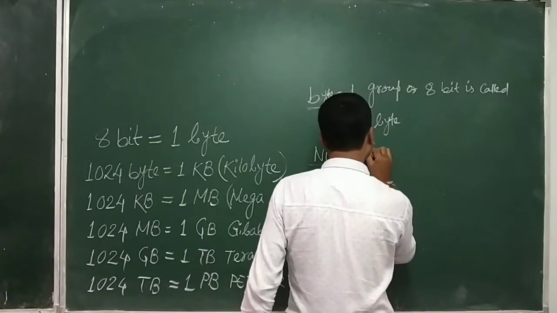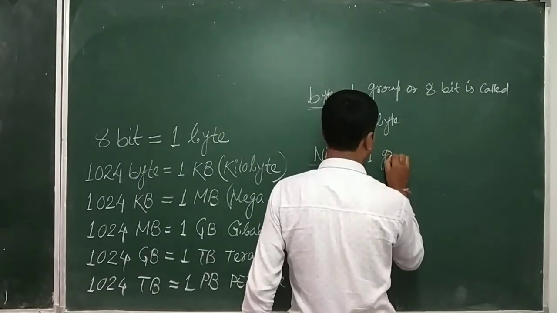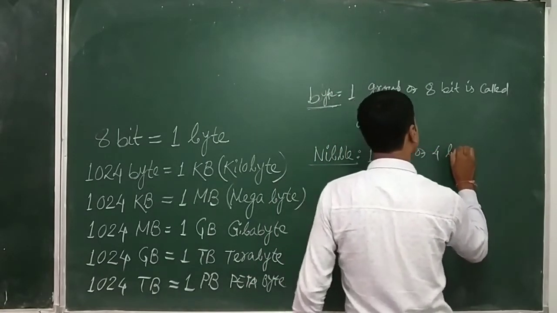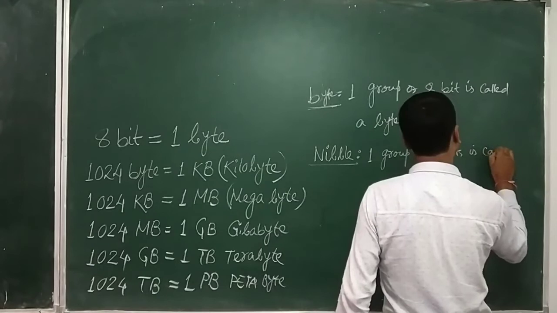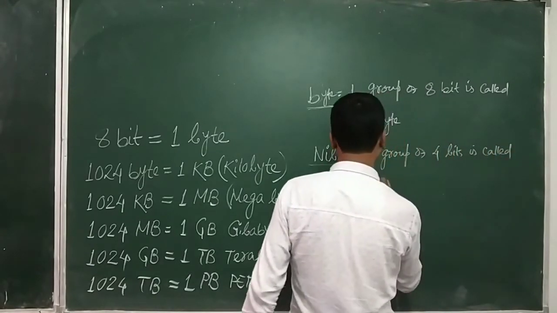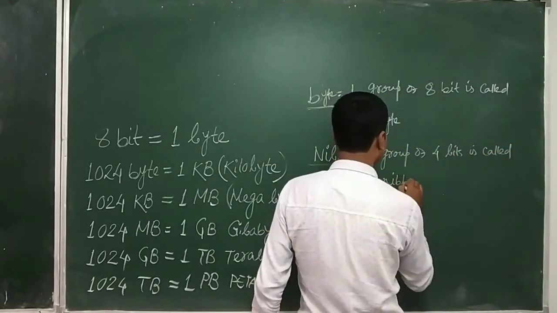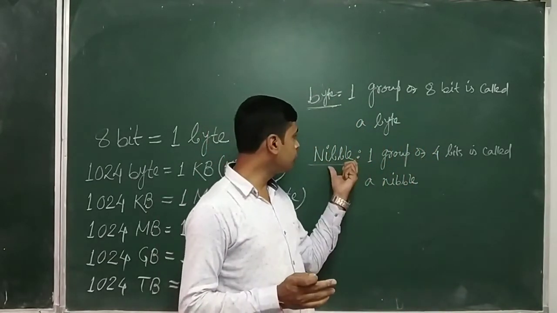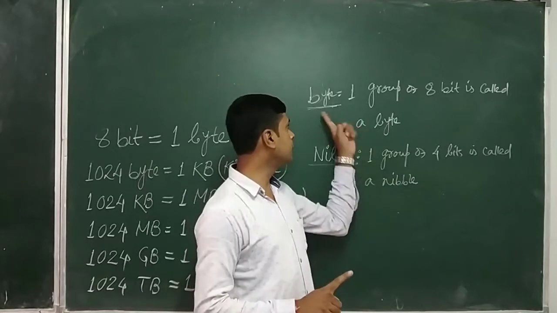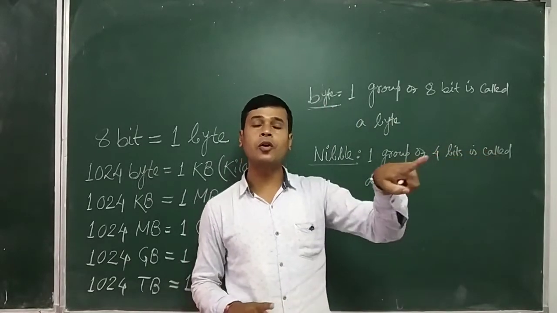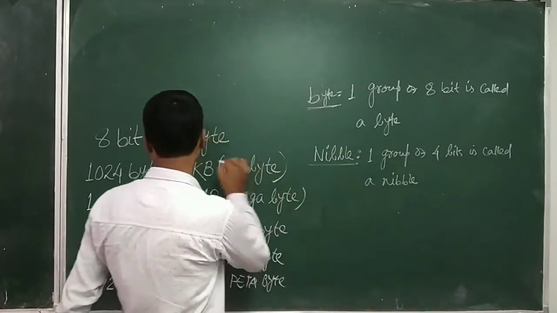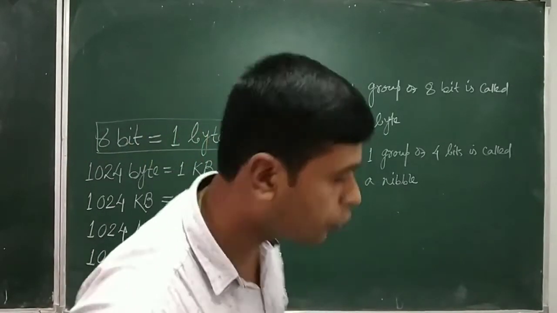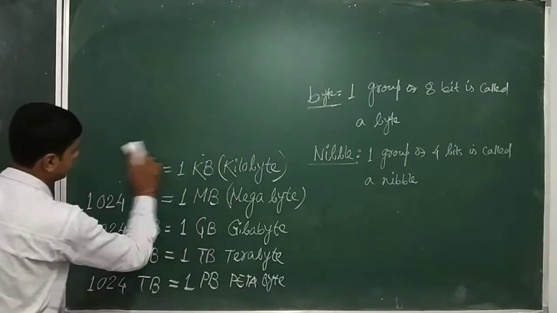Next, a group of 4 bits is called a nibble. So when 4 bits are grouped, it is called a nibble, and when 8 bits are grouped, it is called a byte. Now the smallest measuring unit is 8 bit or 1 byte. So these are the memory measuring units of a computer.